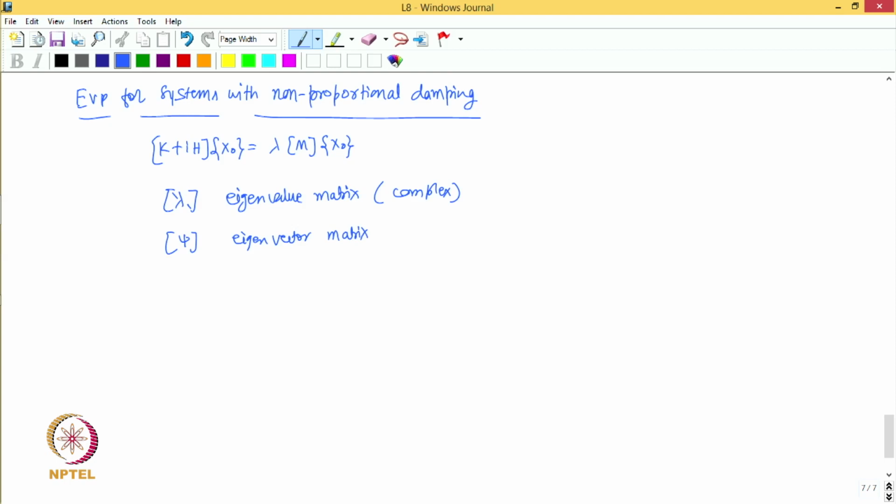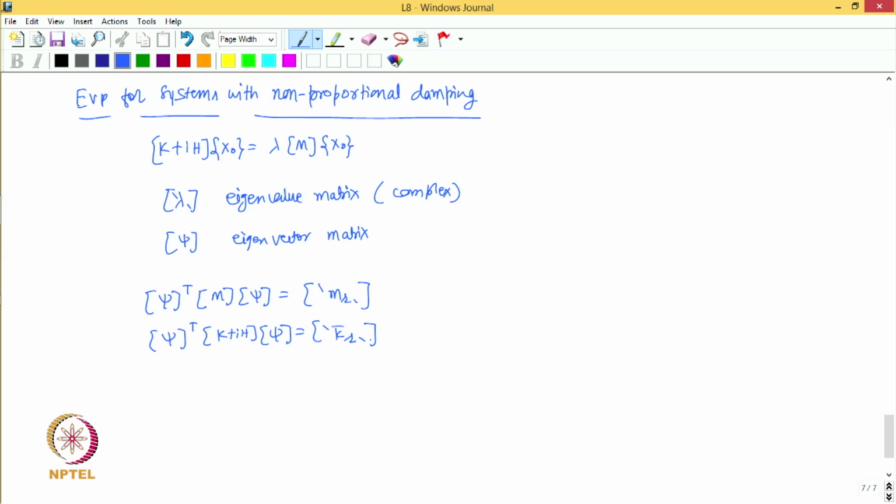These two again satisfy the orthogonality. So, we still have the relationships psi transpose m psi is equal to mr and psi transpose k plus i h psi is equal to kr.